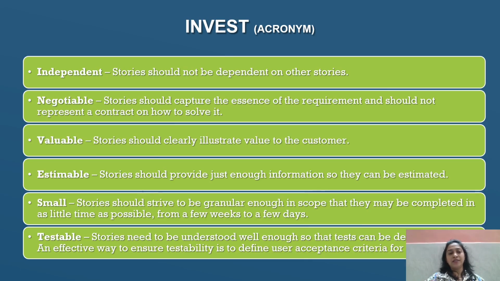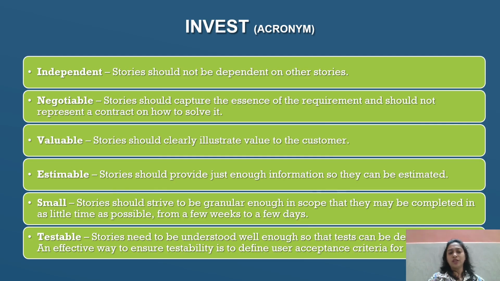What exactly is it? The acronym is saying independent. The story should not be dependent on other stories. Negotiable: stories should capture the essence of the requirements and should not represent a contract on how to resolve it. Then valuable. The story should be clear and illustrate value to the customer. It should give some value to the customer of that deployment, right? So estimable. The story should provide just enough information so that they can be estimated well.